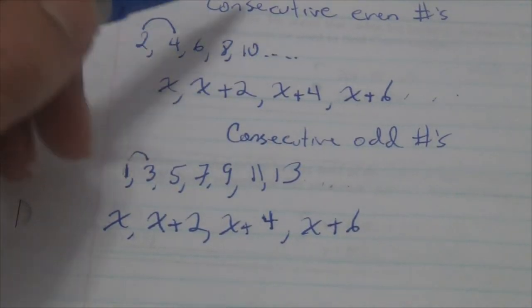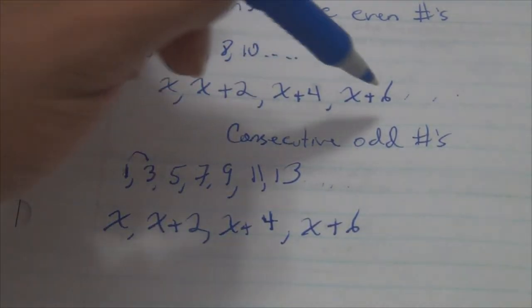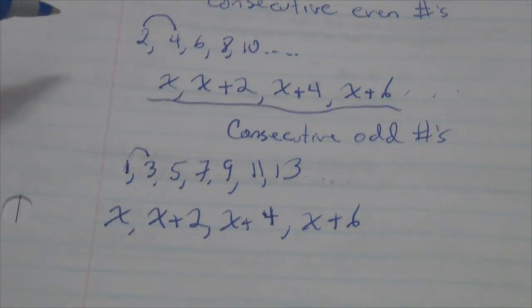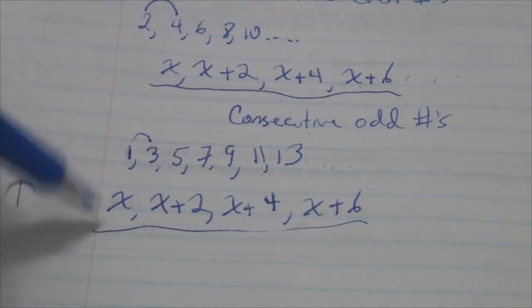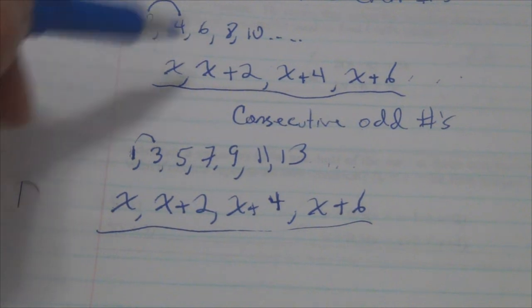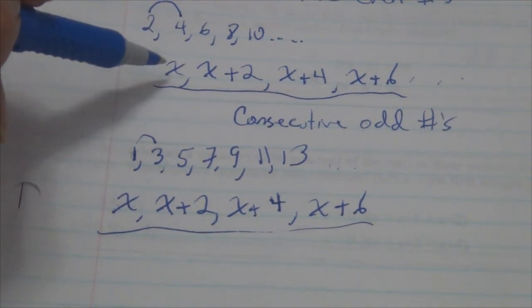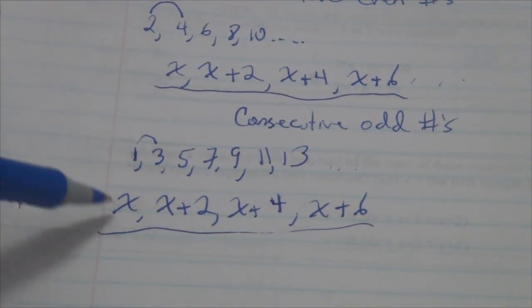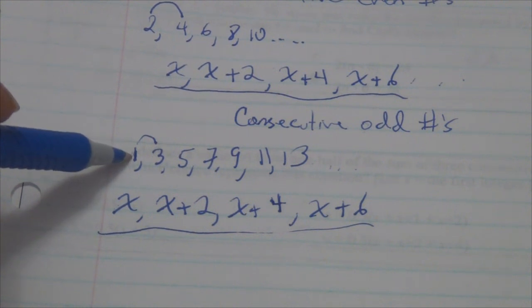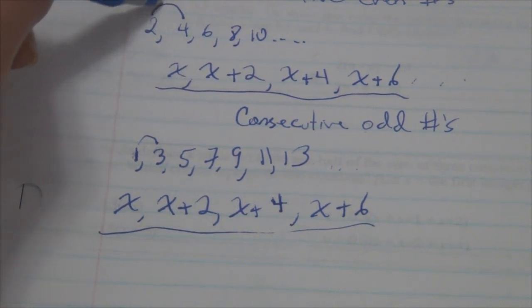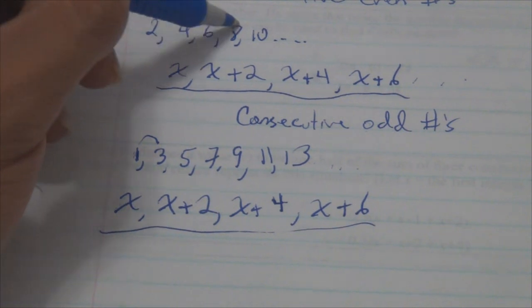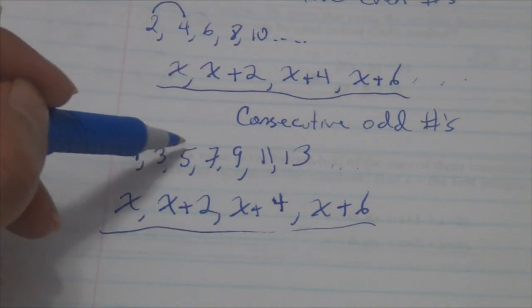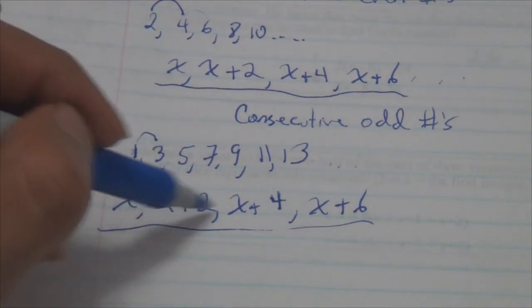And then you're going to ask me, wait, hold on a second, you made a mistake. Consecutive even, I represent like this, and consecutive odd, I also represent the same way. Yes, because x is the variable that's going to take on an even number, or an odd number. Even numbers go by 2s, and odd numbers also go by 2s. So it's the gap that we're representing.